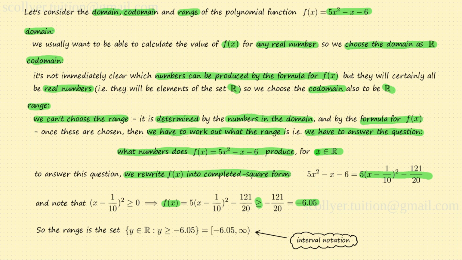So for this function, the range, which is the set of numbers which can be produced by this formula 5x squared minus x minus 6, is the set specified here. y is in R such that y is greater than or equal to minus 6.05, which can be specified like this in what is called interval notation for the real number line.